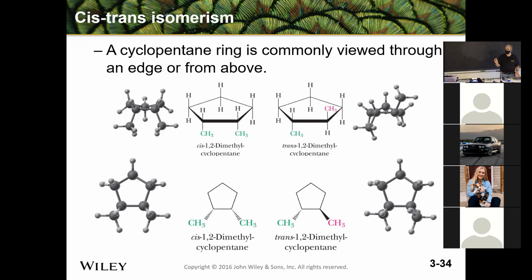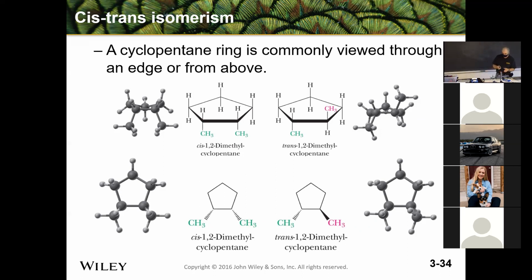Or we could have one on top and one on the bottom, like this. This is the trans, where they're opposite. And when they're on the same side, that's cis. You probably noticed that I had to break a bond and reform it in order to go from cis to trans.